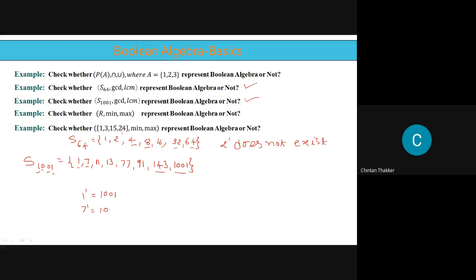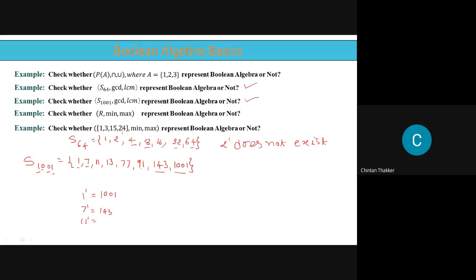So 7 dash is 143. Then 11 dash: if we divide 1001 by 11, we get 91.